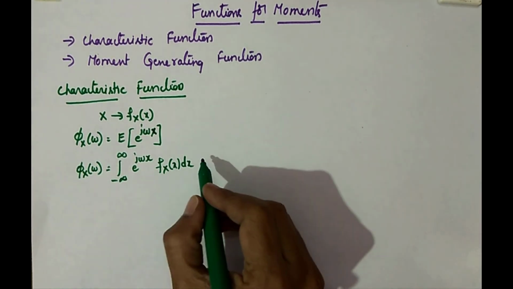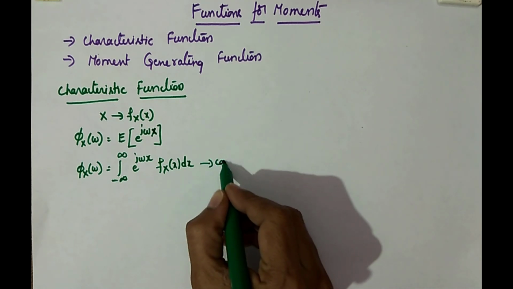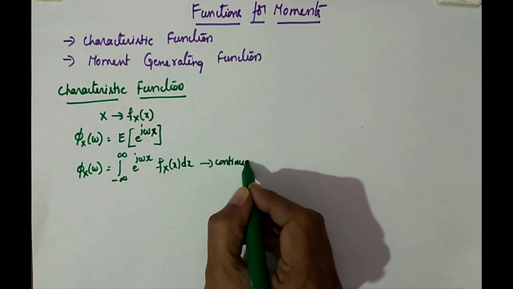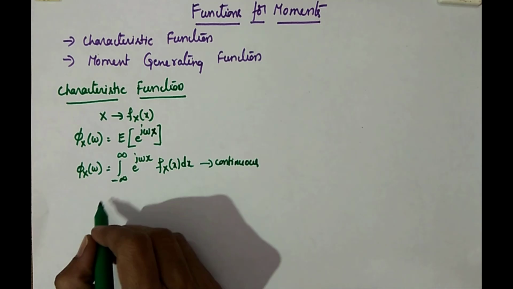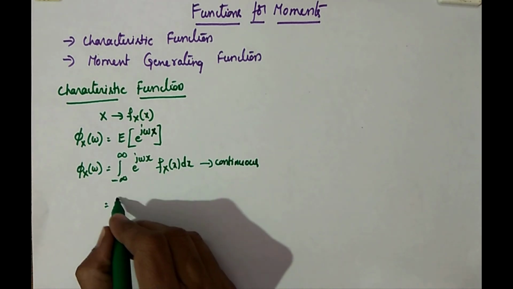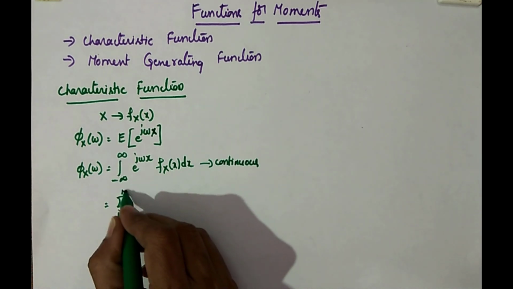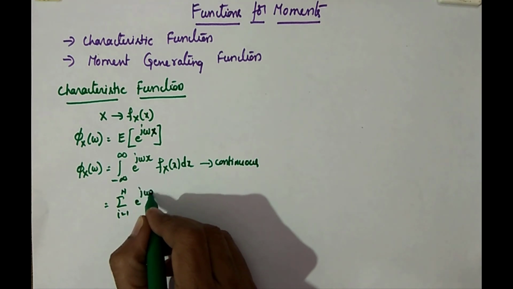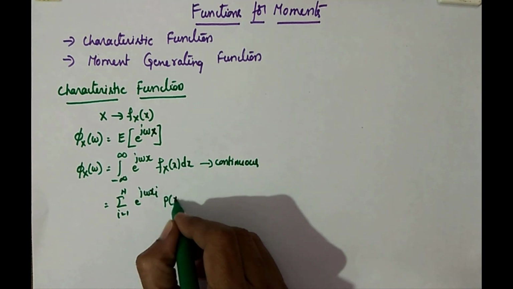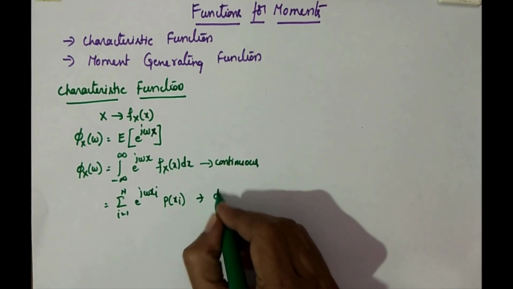This is the formula for the continuous case. The same formula, sigma i from 1 to n of e power j omega xi into p of xi, is the formula for discrete.